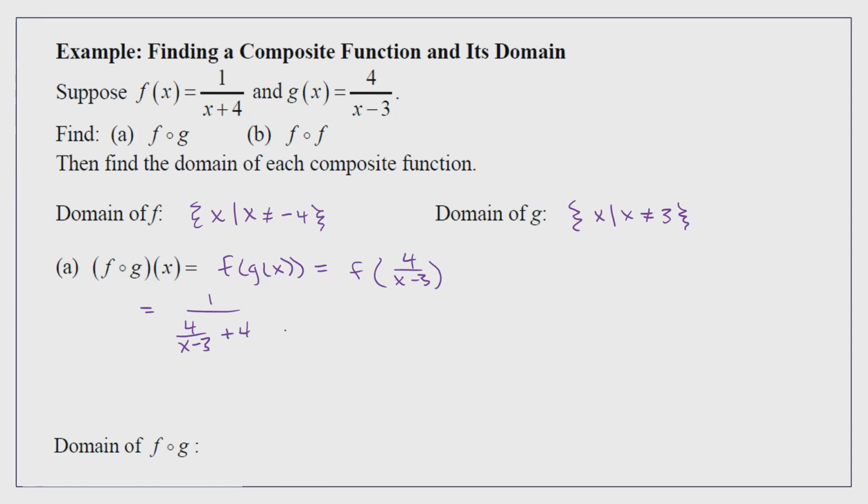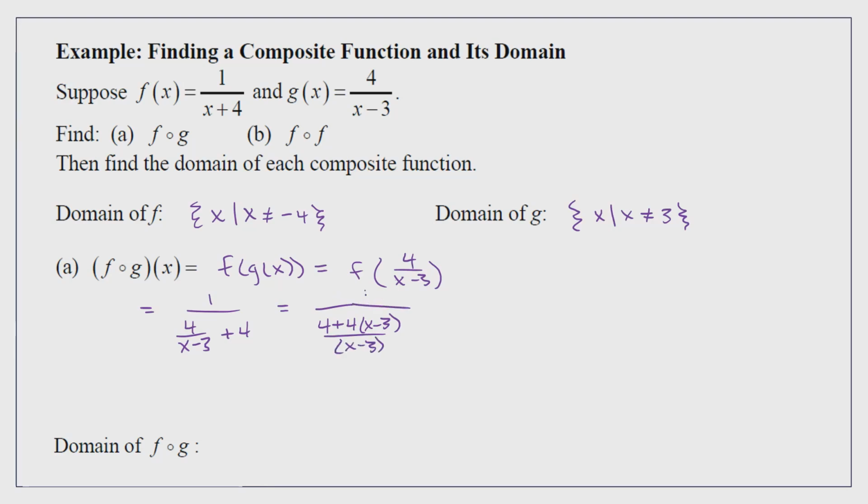I can get common denominators in the denominator, so I will multiply the 4 by x minus 3. So I have 4 plus 4 times x minus 3, all over x minus 3.